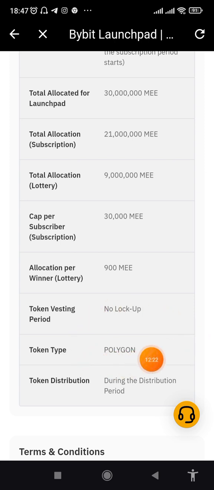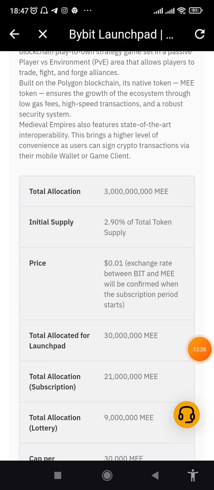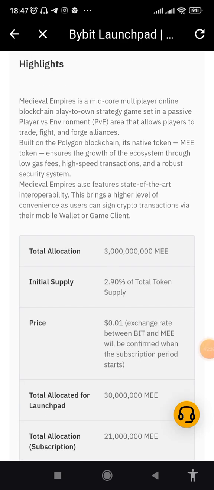And the good thing why you should join is because it's under Polygon. Polygon is a very big token, and currently it's doing massive things. Okay, so the initial supply that will be available on the launch day is 2.9%. That's just a limited amount of coins to be on the market.